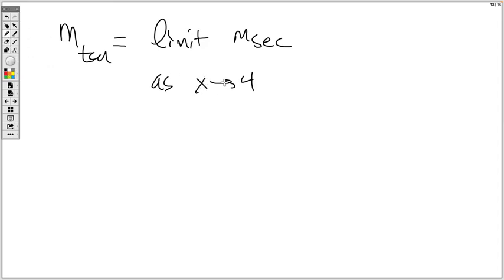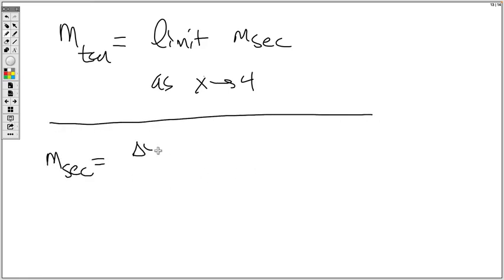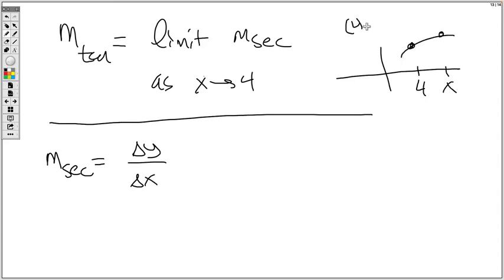Okay. So let's check it out. Slope of the secant line. That's your change in y over change in x. So once again, here's 4. I'm just going to call this x. We're on this curve. We've got 4 comma root 4, which is 4 comma 2.